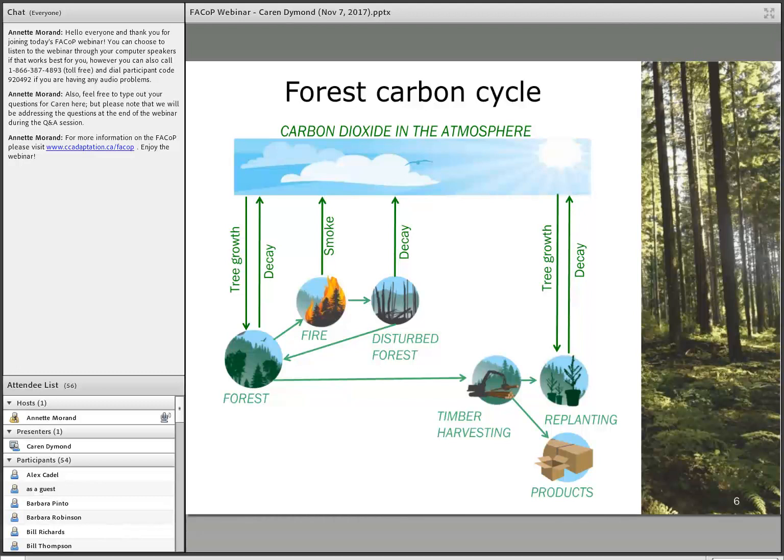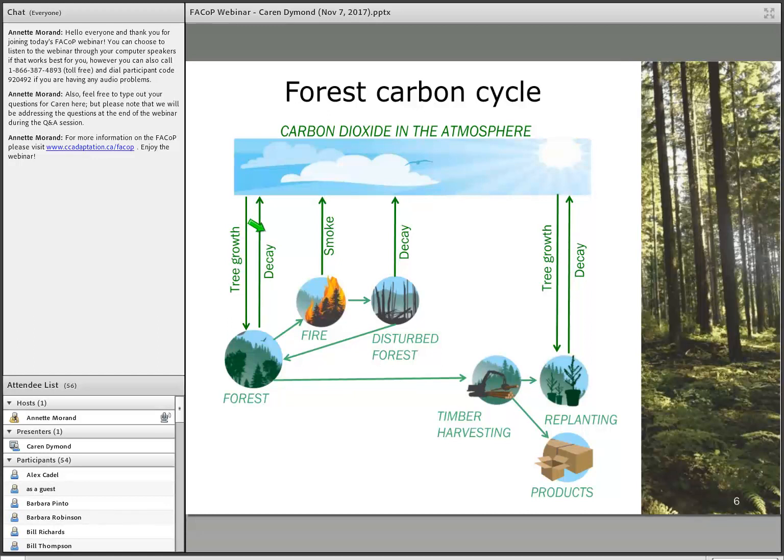So this little diagram here is just to remind everybody about the forest carbon cycle. There's a pool or reservoir of carbon dioxide in the atmosphere. As trees grow, they take up that carbon and store it as cellulose and lignin in the wood, and it can be stored there for years, decades, centuries.